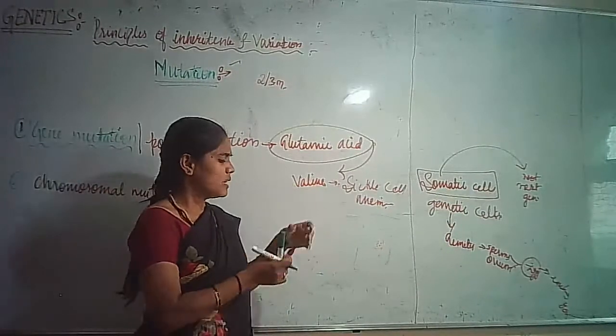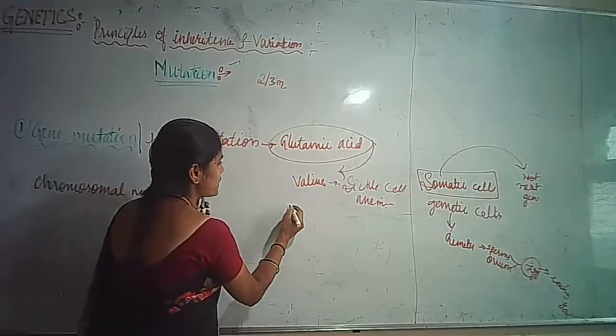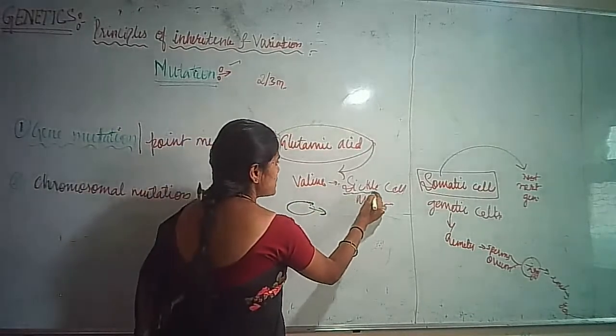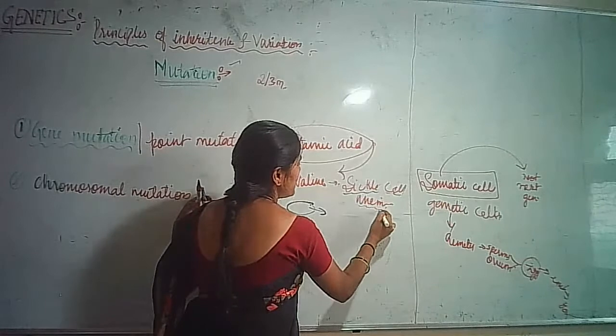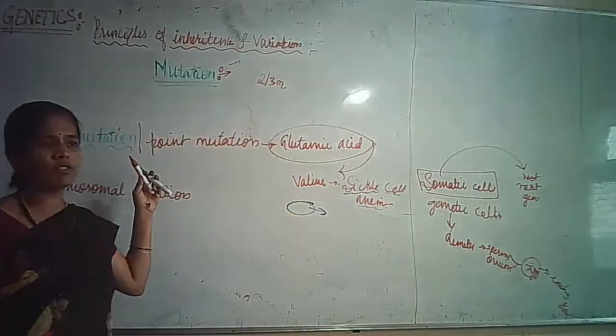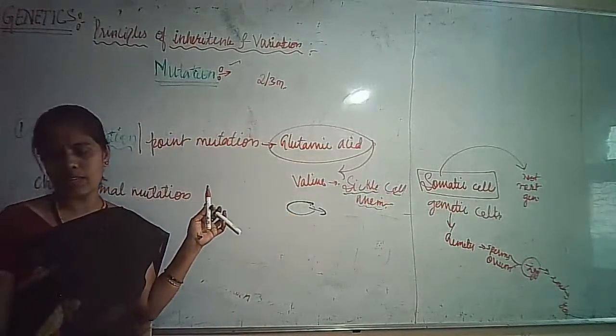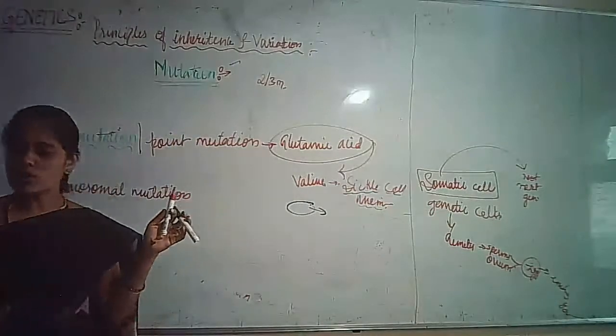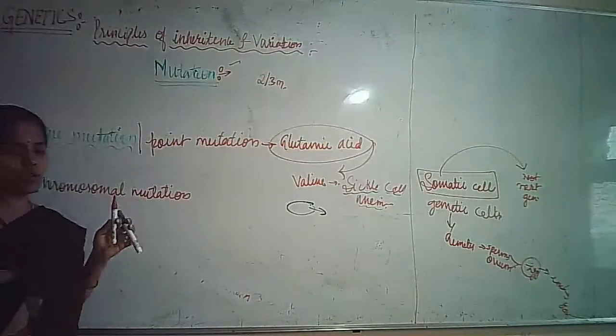At that time the normal RBCs will not be there. They are changing into sickle shape. This is called sickle cell anemia. It is one of the types of genetic disorder, an inborn genetic disorder.